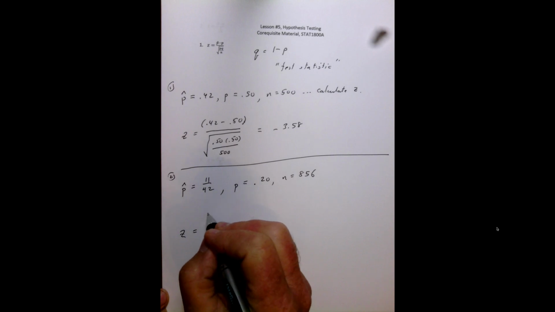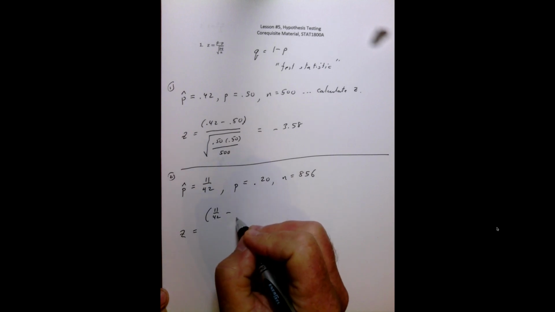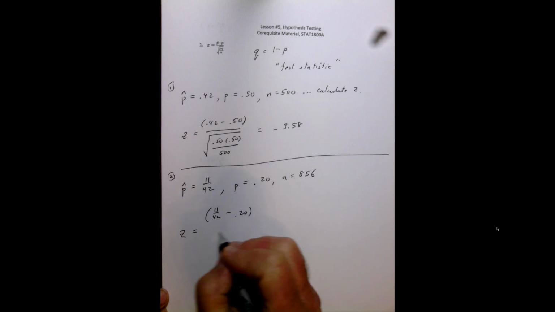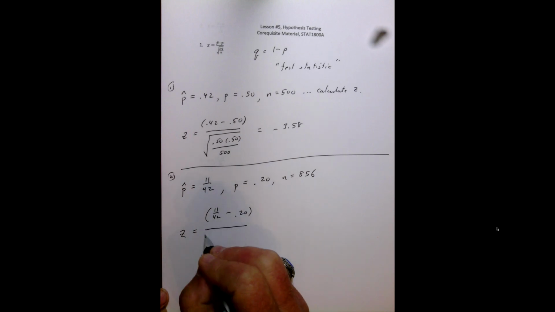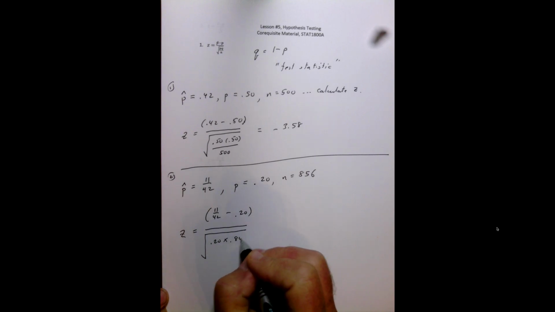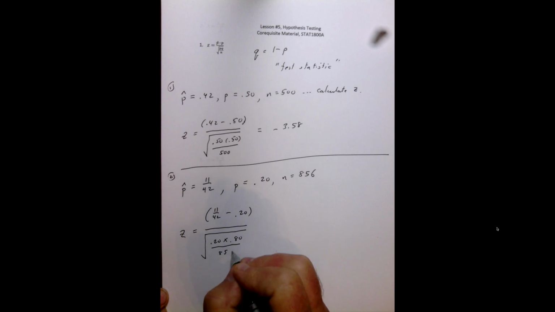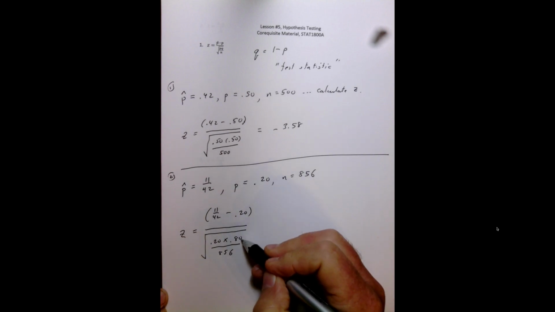So what we would end up having here is 11 over 42 minus 0.20, over the square root of 0.20 times 0.80 over the sample size of 856. Why 0.80?